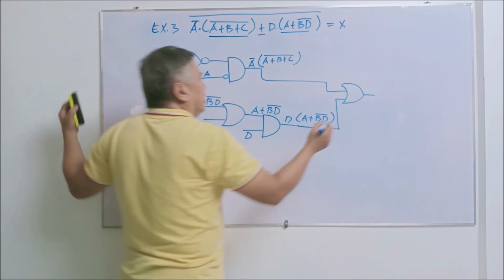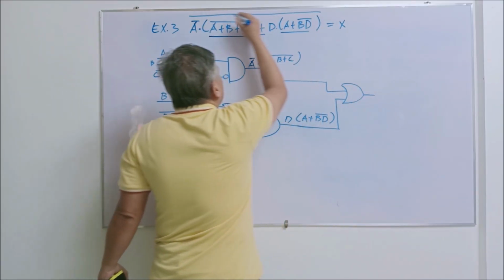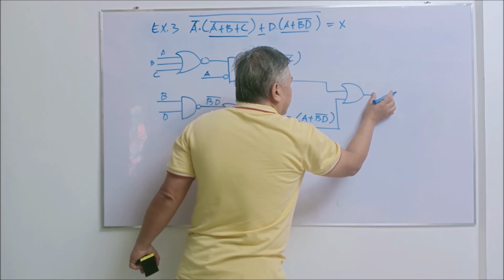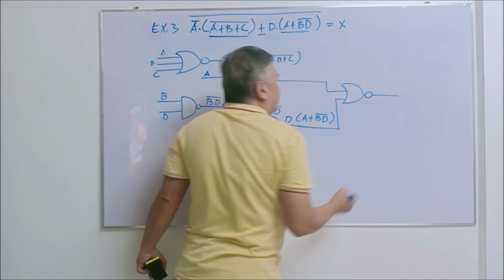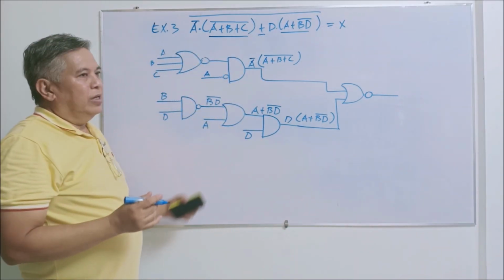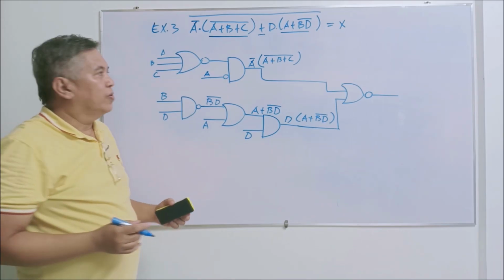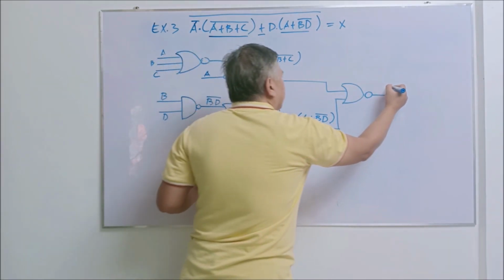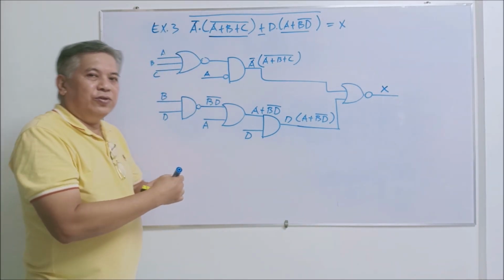So in other words, you can represent this complement with an inverter, or simply place a bubble at the back of your OR gate, no? And this becomes your X.